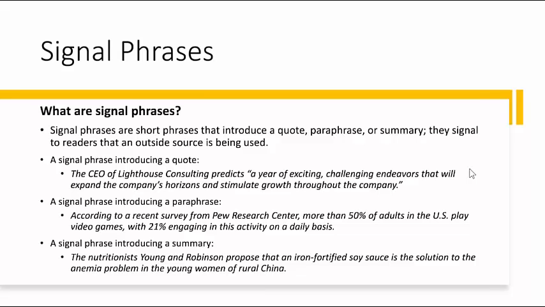We introduce to the reader why they should care about this quote. A good quote should always be sandwiched by your words. Your words are the bread, the quote is whatever you're filling the sandwich with, but it should always be surrounded by your words. So these are three examples from the Purdue OWL site, I believe.